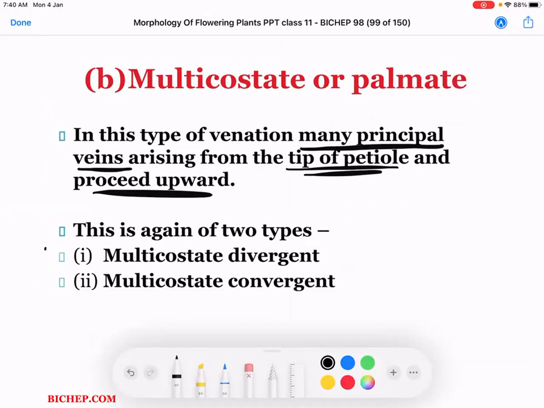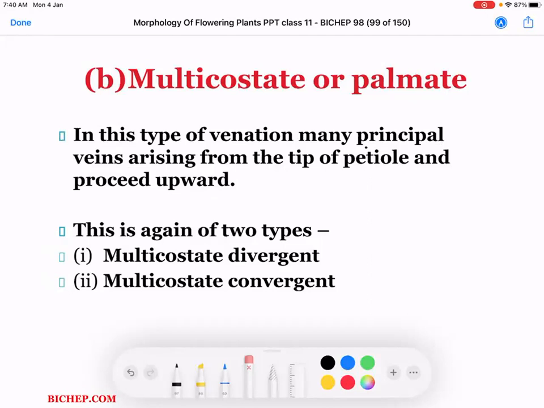They have two subtypes: multicostate divergent and multicostate convergent. Now, what is the meaning of divergent and convergent?